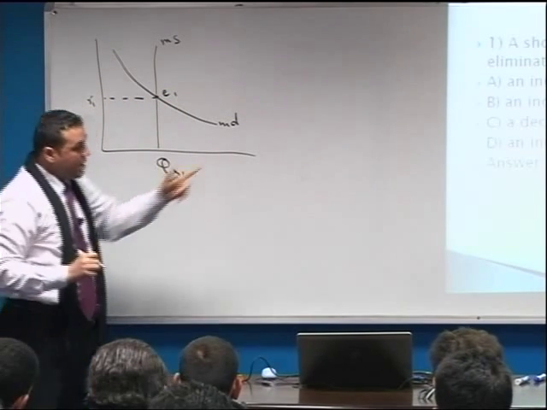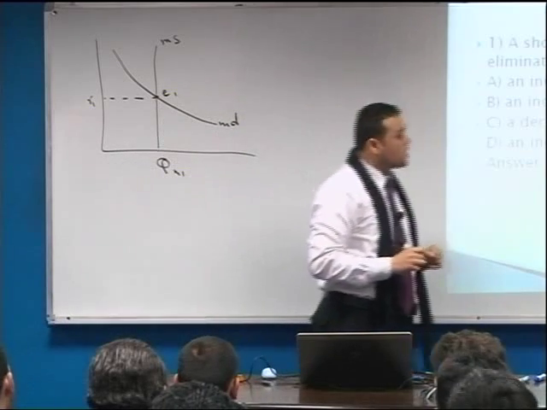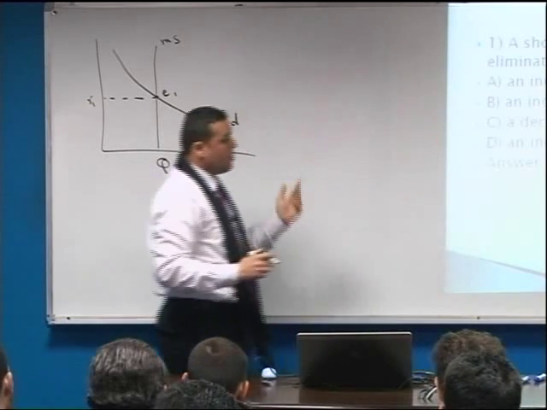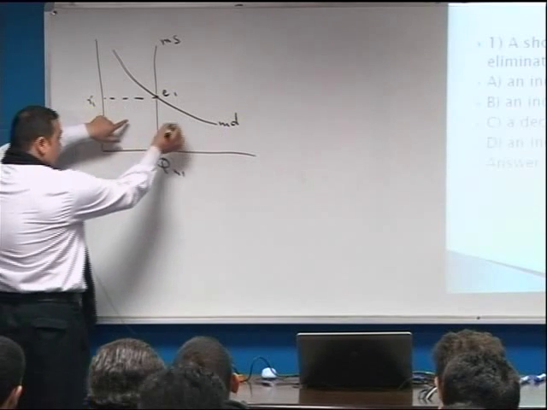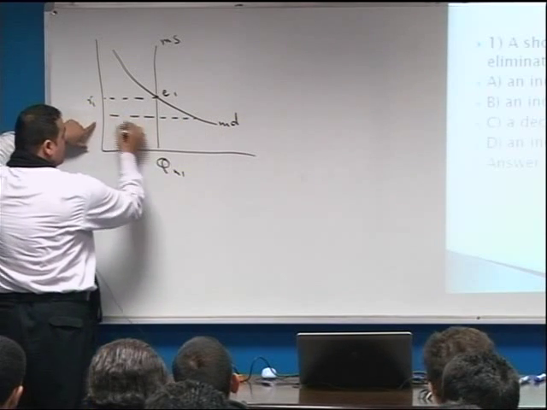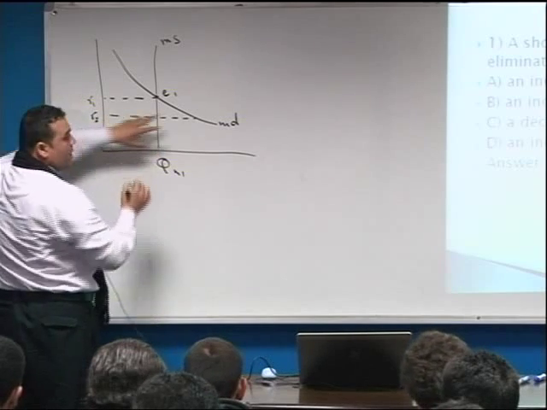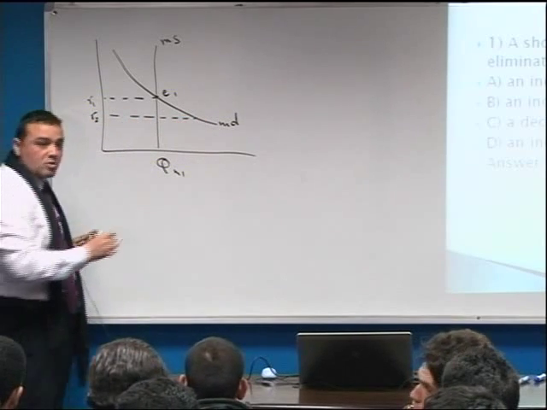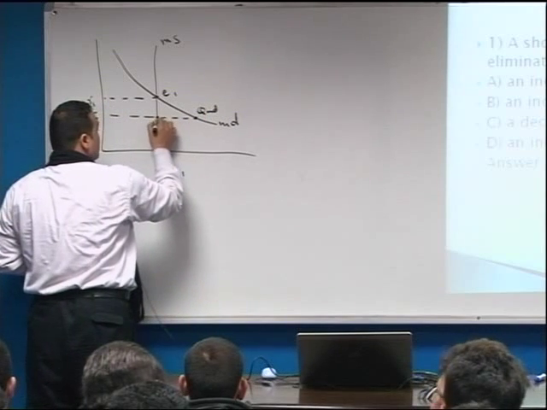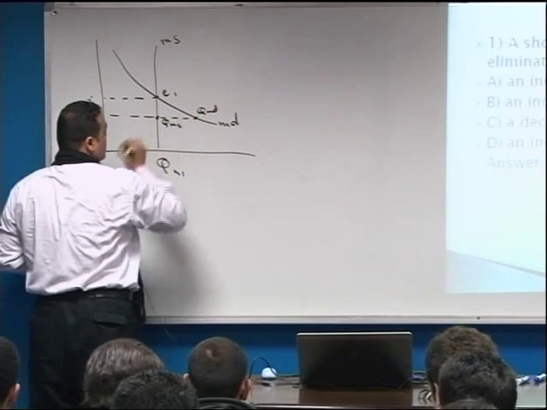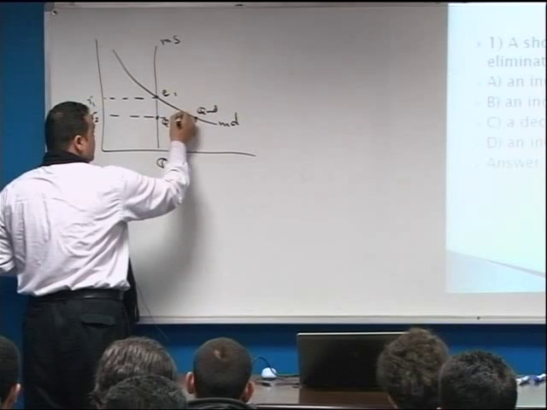The question is, the shortage in the money market can be eliminated by what? Here we have a shortage in the money market because the quantity of money demanded, QMD, is higher than QMS.